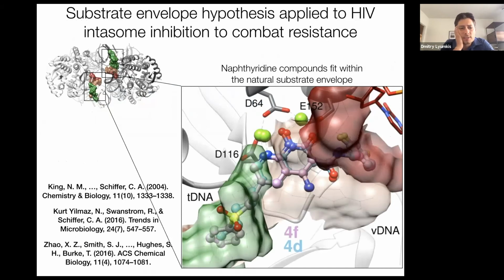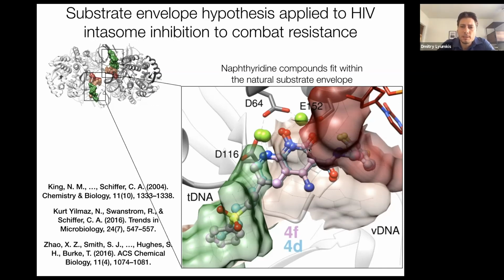This slide describes the general strategy that we are using to achieve this goal. It's based on an idea called the substrate envelope hypothesis. It's an idea that was initially developed by Celia Schiffer's lab and applied to the development of protease inhibitors.